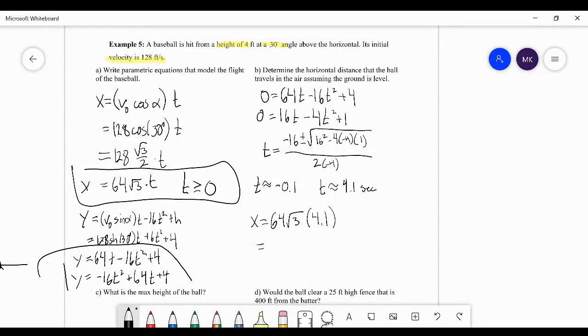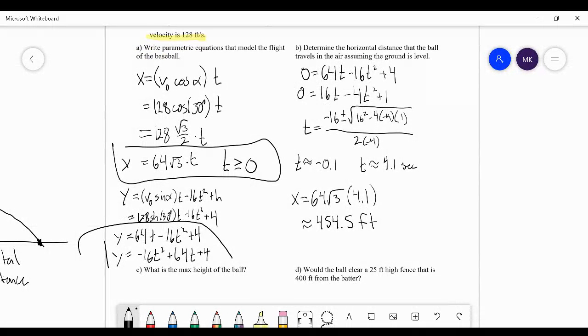When we do that, we get approximately 454.5 feet. Bam, that's it. That's all we have to do. I know it says all we have to do, but we did a lot, right?